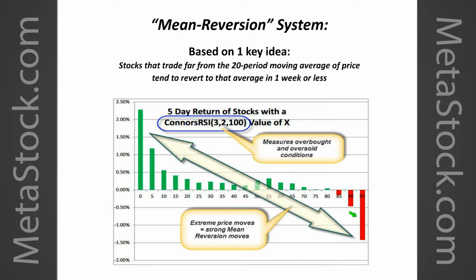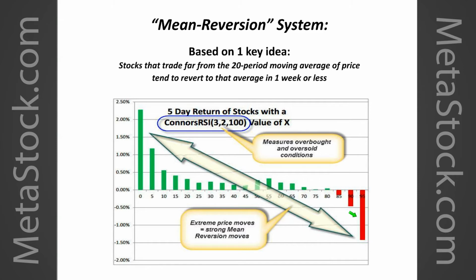And then over here, conversely, once the Connors RSI reads over 95, which is to say very, very overbought, it tends to lose value close to 1.5% over 5 days, which would mean, of course, you're shorting that, so you're profiting from that move by going short.